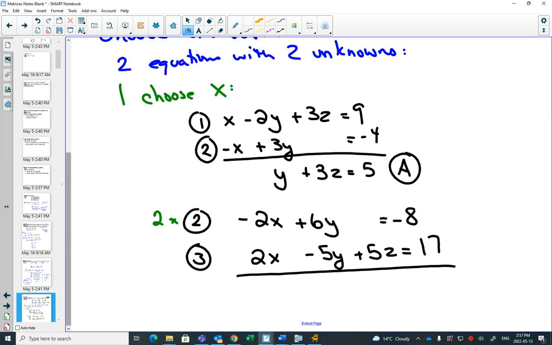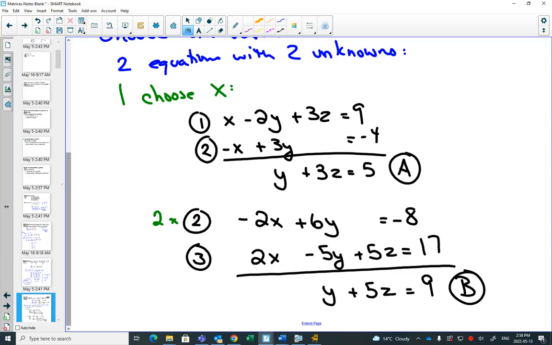By multiplying equation 2 by 2, I got my coefficients in front of x to be the same, but one positive, one negative. When I add now, I get y plus 5z equals 9. And now we've got an equation A and B.